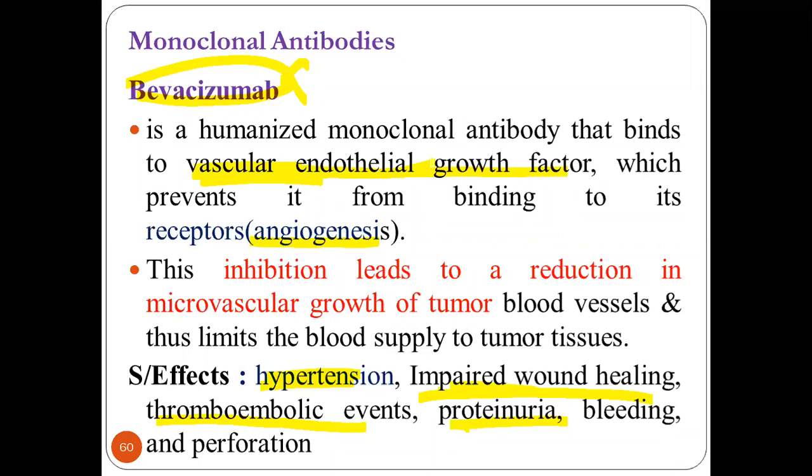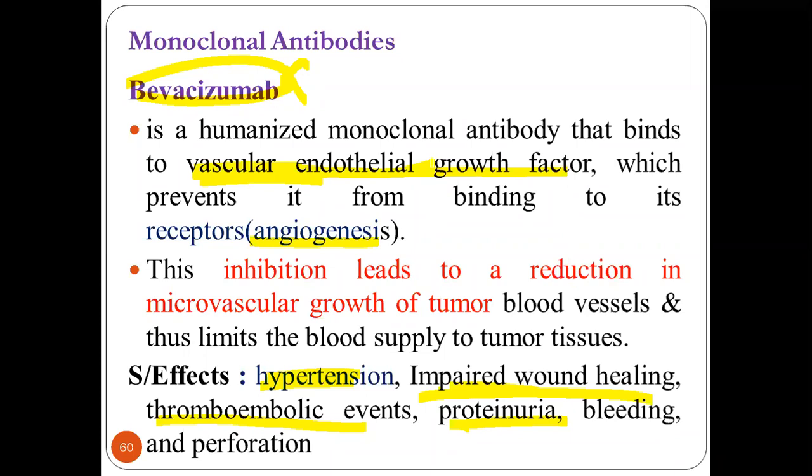So, in case this drug is inhibiting vascular endothelium growth factor, what will happen? There is a possibility of damage which is promoting platelet aggregation. That is why thromboembolic events can also be happening.